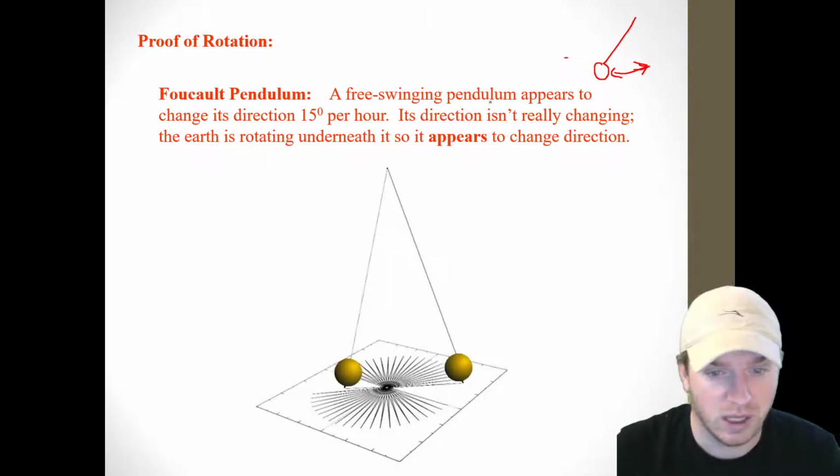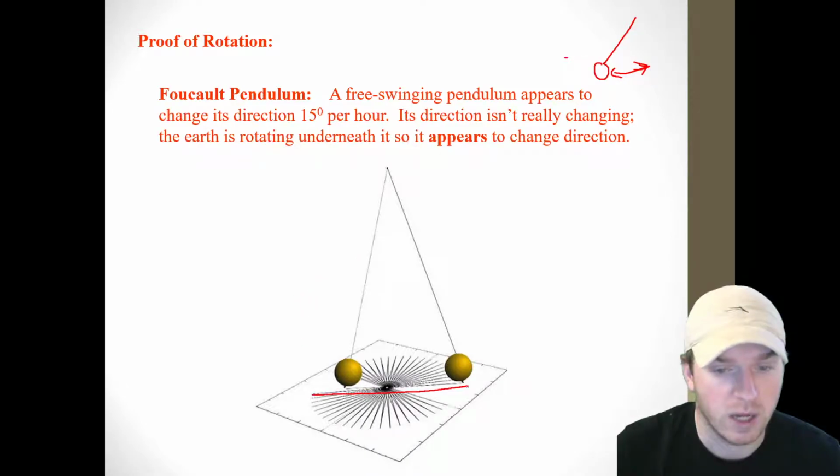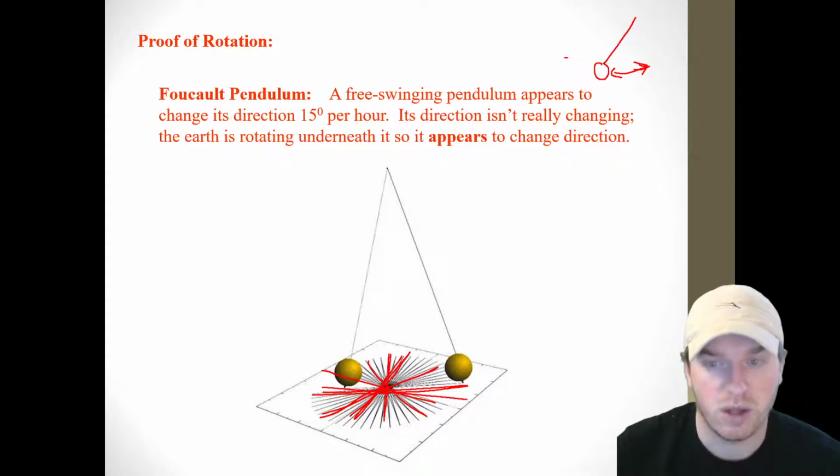It'll start moving on this line, back and forth, and then in an hour you'll see it start swinging this way, then this way, and then this way. It continually changes direction throughout the entire day.